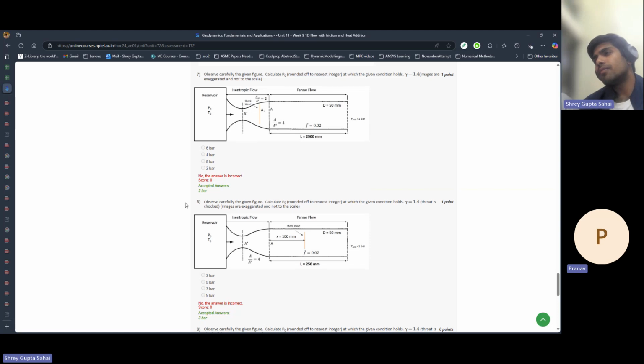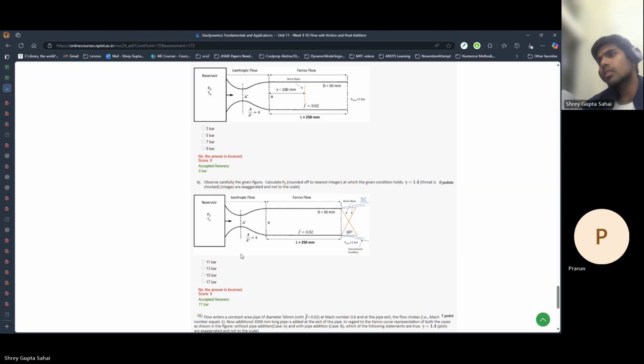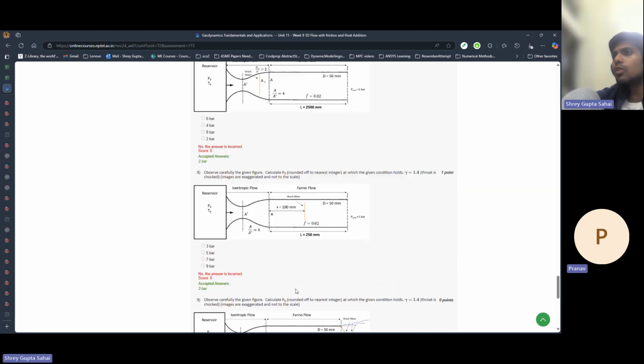I got something like 4.35 bar. It was really close to 5 bar, so I marked 5 bar, but the answer was 3 bar. I don't know what went wrong. What about the ninth one? I got a really weird answer. So how did you solve the eighth one?